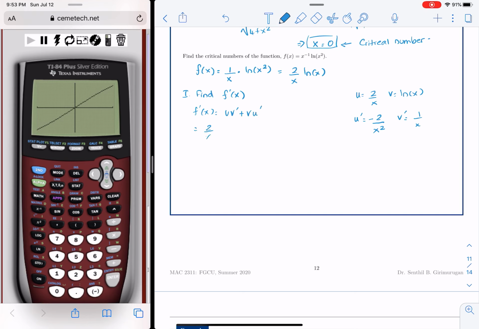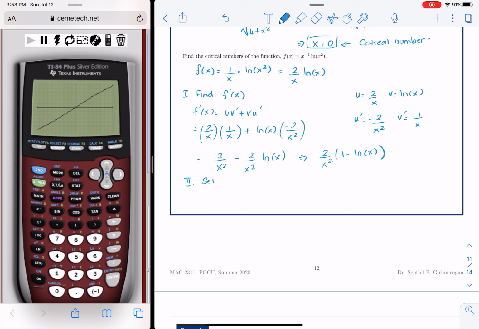So 2 over x multiplied by v prime, which is 1 over x, plus v, ln of x, multiplied by u prime, negative 2 over x squared. So we have 2 over x squared minus 2 over x squared multiplied by ln of x. And we have 2 over x squared in common, and that is our derivative.